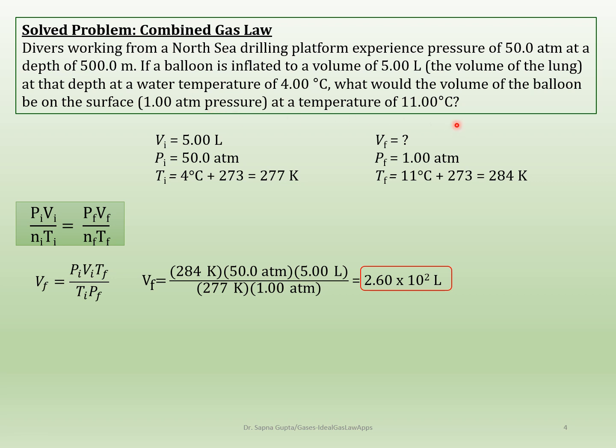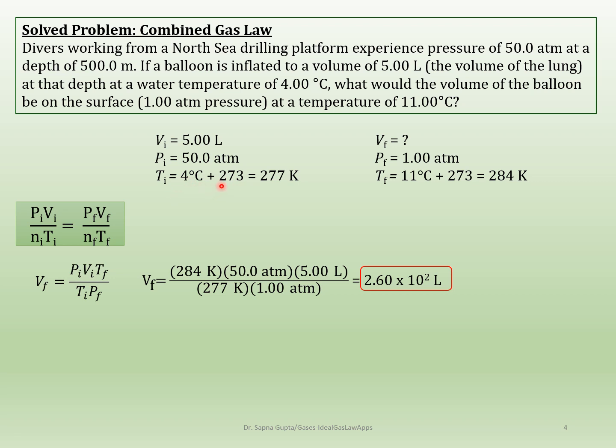degrees Celsius. Okay, so the first thing you do is you identify your ones and your twos, or initials and your finals. So here, if a balloon is inflated to a volume of 5 liters, and the pressure is 50 atmosphere right there, at a pressure of 50 atmosphere, and the temperature is 4 degrees Celsius.